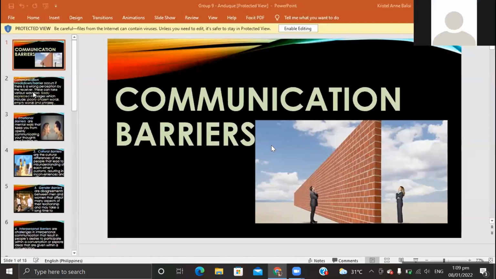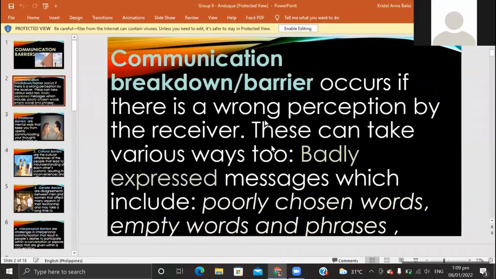Communication barrier. Communication breakdown or barrier occurs if there is a wrong perception by the receiver.